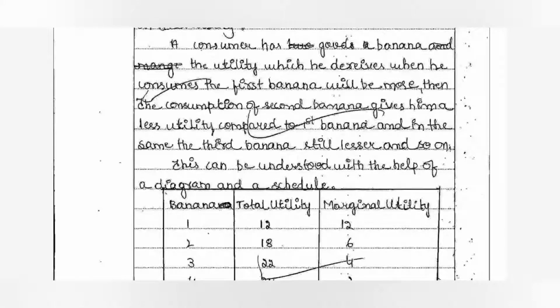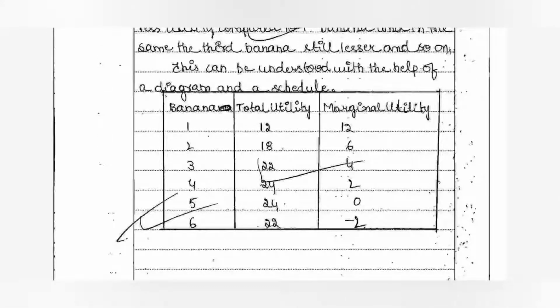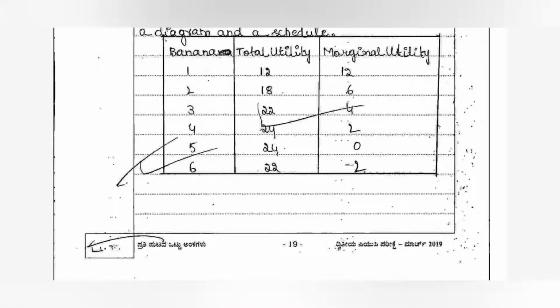The utility which he derives from the first banana gives him more satisfaction. As he takes the second banana and third banana, his total utility increases, but his marginal utility goes on falling, turns into zero and becomes negative. As you can see, the total utility is increasing, and the marginal utility is going on decreasing and turning into negative.